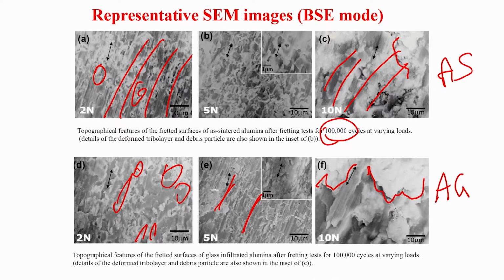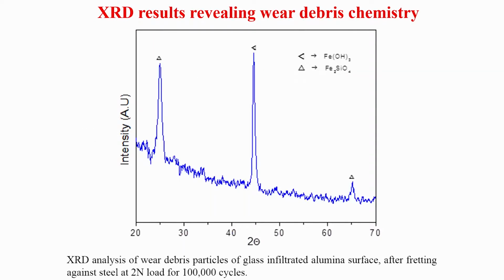What it means is that this tribochemical layer has a different chemistry compared to that of the unworn surfaces. That is why they appear in a different contrast. If you compare AS versus AG, the contrast of the tribochemical layer is qualitatively similar. Again, like in AS, in the case of AG also a tribochemical layer with different chemistry forms.